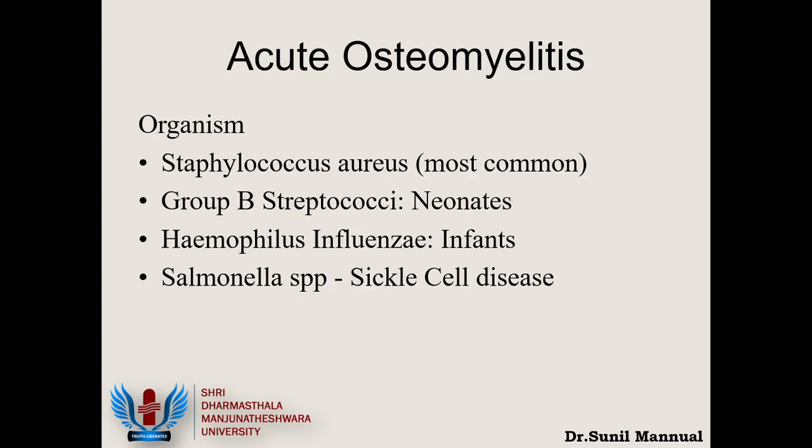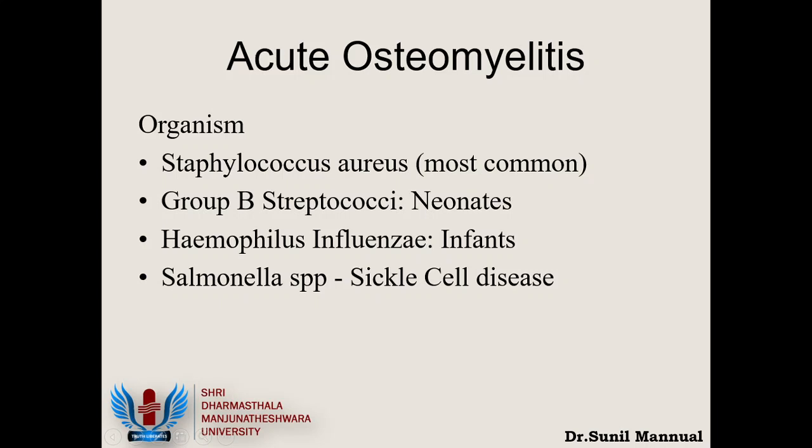Now, coming to the organism, which is the organism that is causing acute osteomyelitis? So the most common organism across any age group is the Staphylococcus aureus. So that is the most common organism. However, in neonates, sometimes you may get group B streptococci also. How is this possible? This is possible because neonates very often suffer from something called neonatal sepsis, where there is a relationship to the mother's genital flora in the causation of neonatal sepsis.